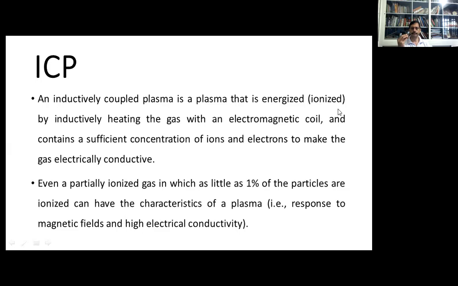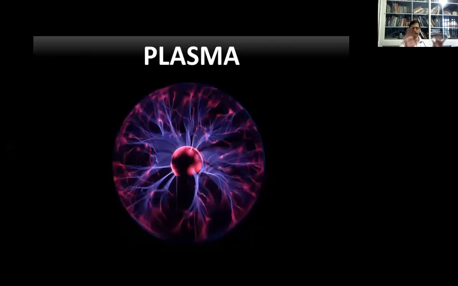The medium responds to magnetic fields and it conducts electricity. So such plasma state is attained when a gas, especially an inert gas, is ionized maybe only up to 1%. This is how a plasma is symbolically presented.